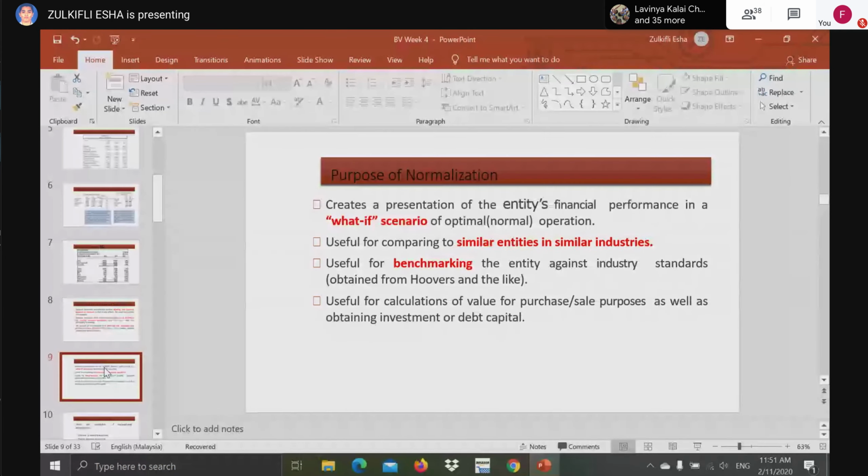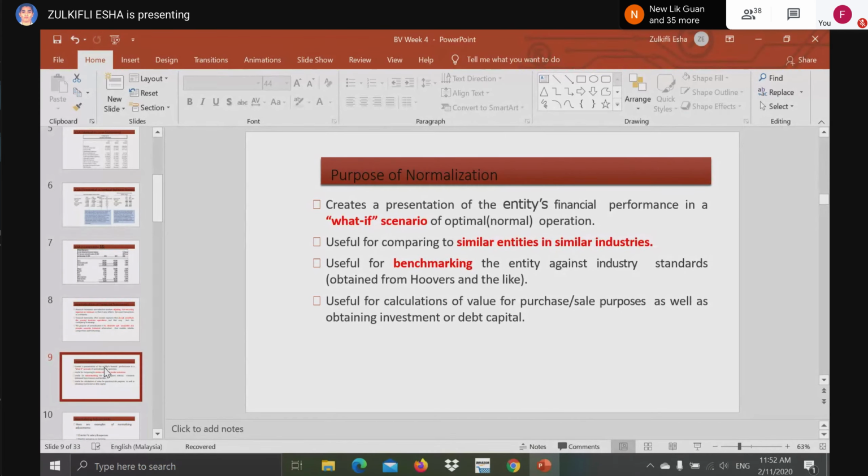Some of the companies in the industries may produce a higher profit than your company, or maybe your competitors in the industries have lower expenses as compared to your company. So that's why we need to compare the performance of our entities or our companies with the same entities or companies in the same industries.